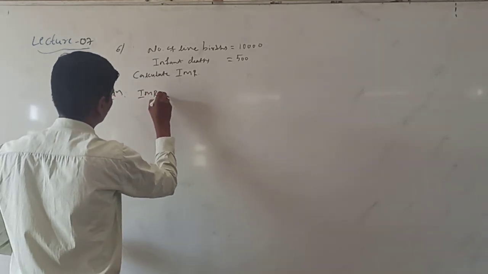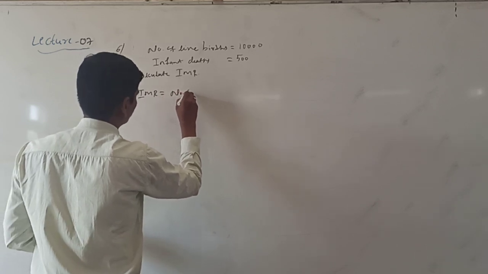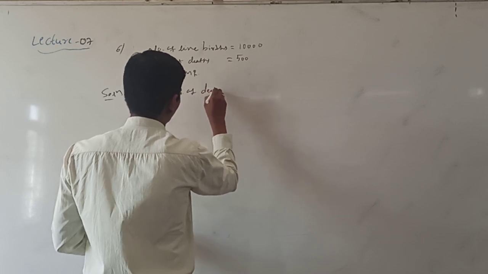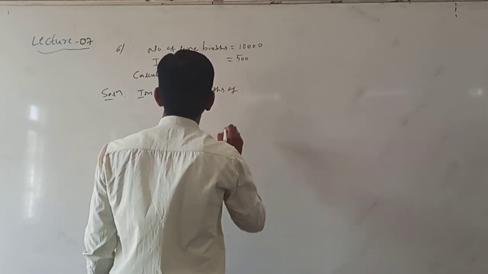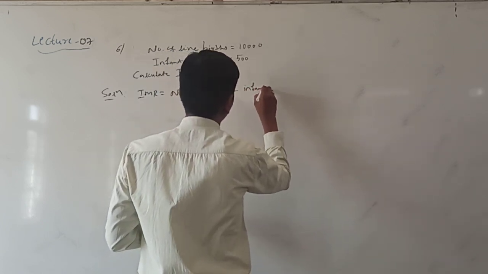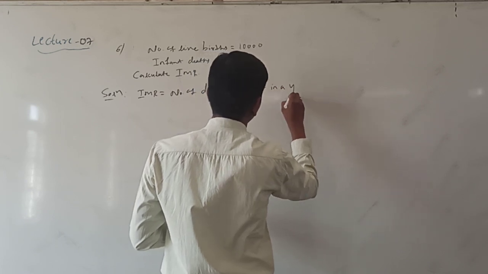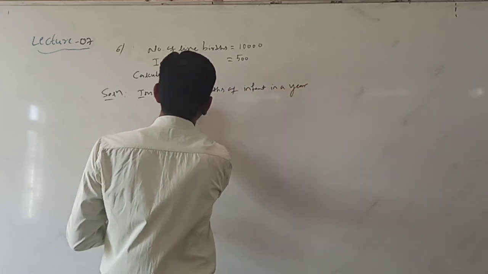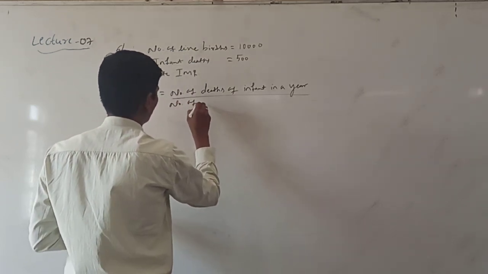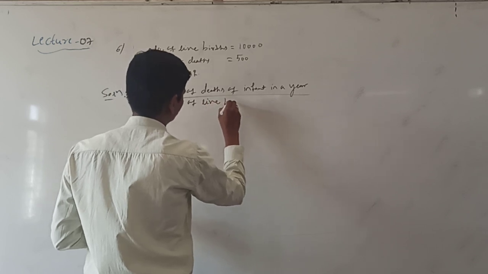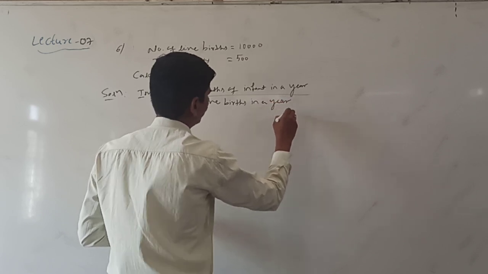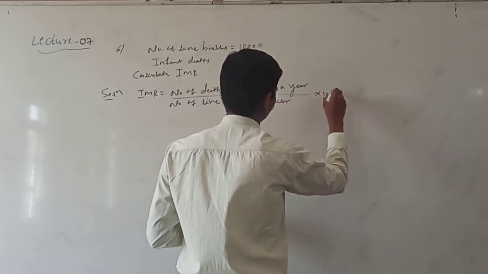IMR equal to number of deaths of infants in a year divided by number of live births in a year into 1000.